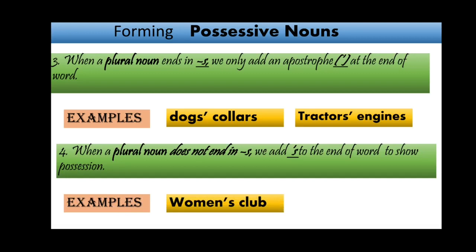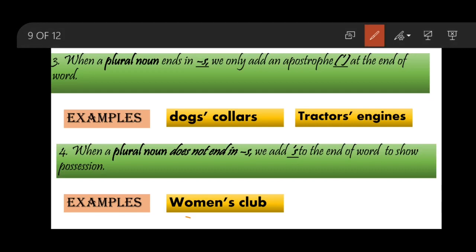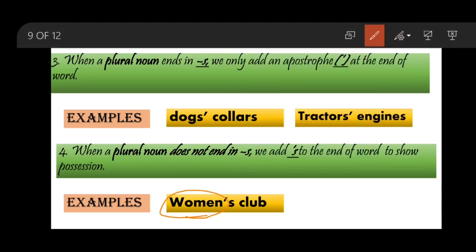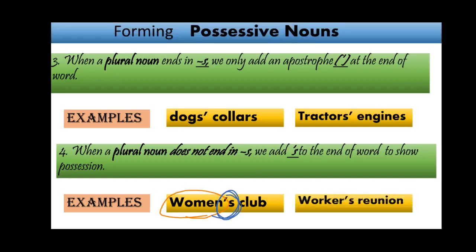Here women is my plural noun, and it is not ending with s, so that is why I have added apostrophe s here. The second one, workers' reunion. Again here you can see this is a plural noun, so we have simply added apostrophe s at the end of the word.